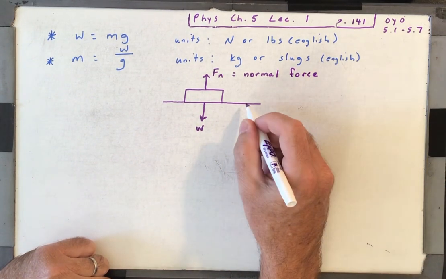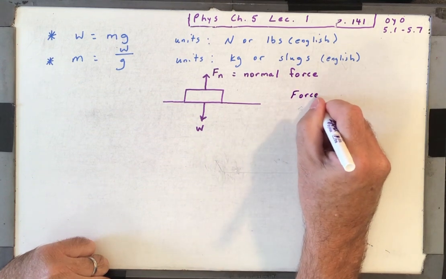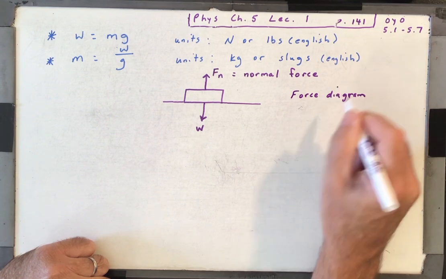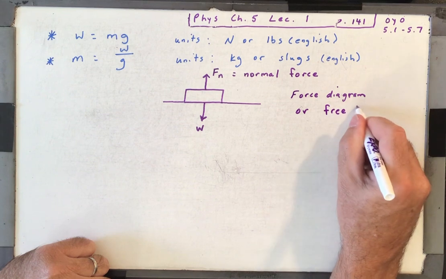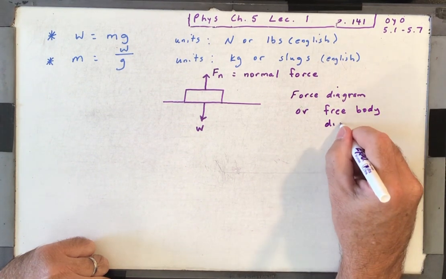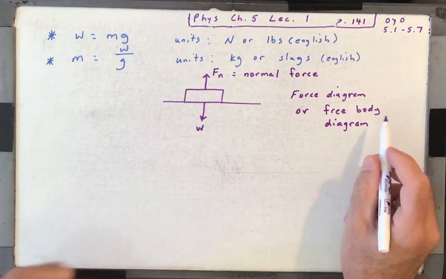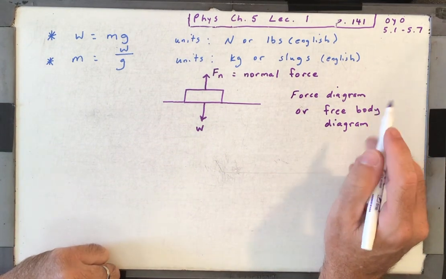Right? This is called a force diagram. You also might see it called a free body diagram in engineering school. Some old school professors may call it a free body diagram. Okay, so a force diagram.